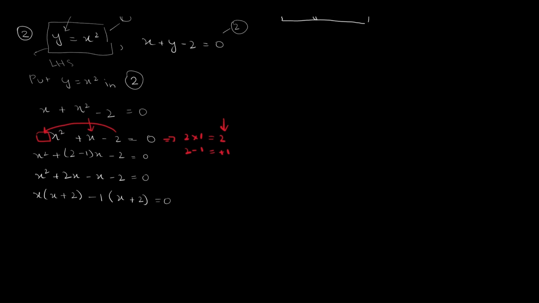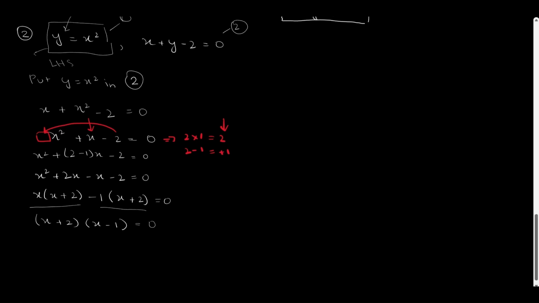And then we take common from these two, and the common is x plus 2. So x plus 2 becomes common, and what is left behind is x minus 1. So x plus 2 multiplied by x minus 1 equals 0.